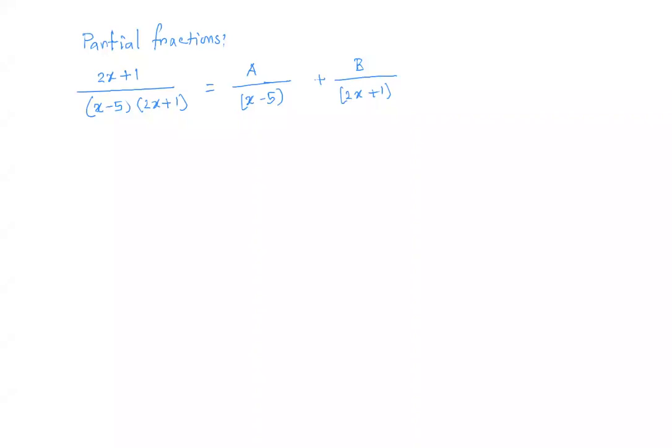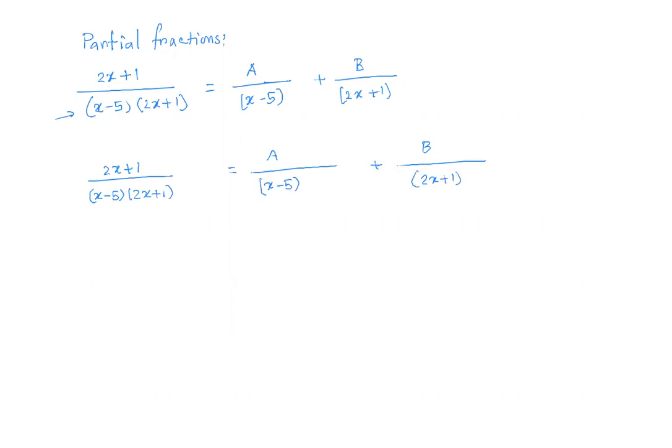Now, we are going to multiply both sides by the denominator. So it's going to be (2x + 1) divided by (x - 5)(2x + 1), and let me leave some space there, equals a divided by (x - 5) plus b divided by (2x + 1).